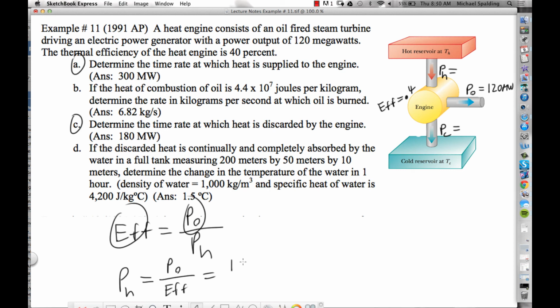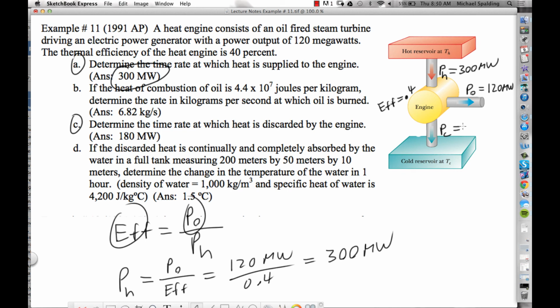So the power output is 120 megawatts. The efficiency is 0.4. So this is 300 megawatts power, and that's the answer to A. A is 300 megawatts. So if the power from the hot is 300 megawatts, what must be the power dumped to the cold?